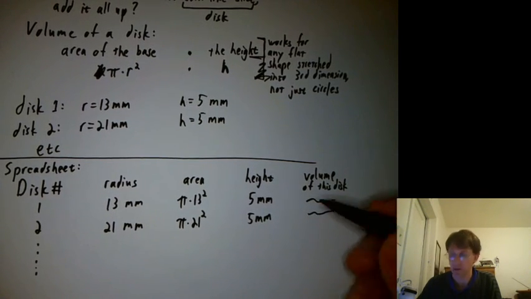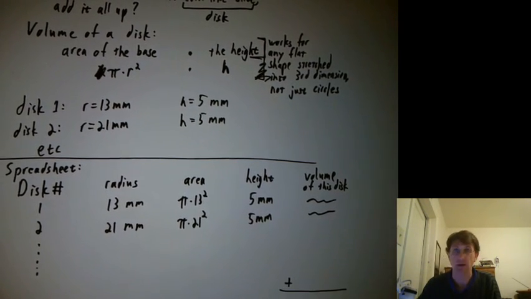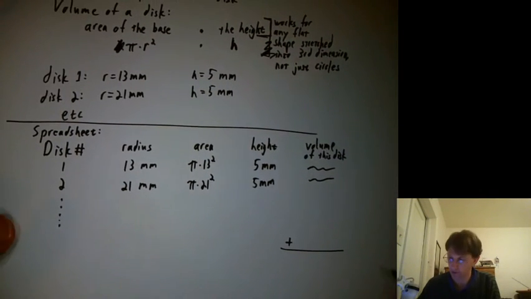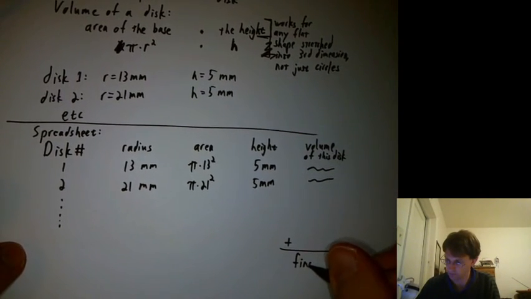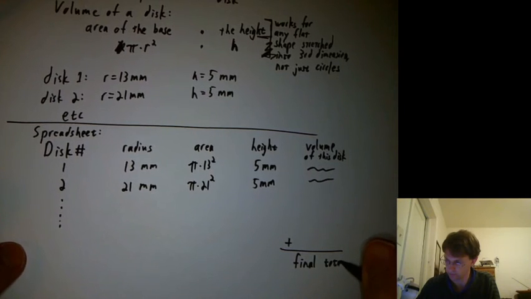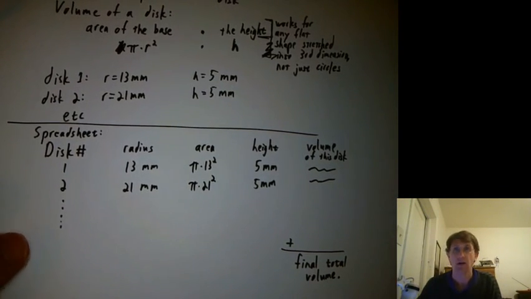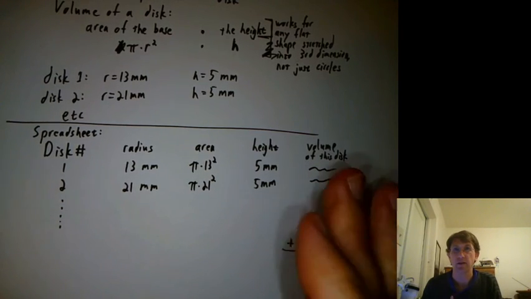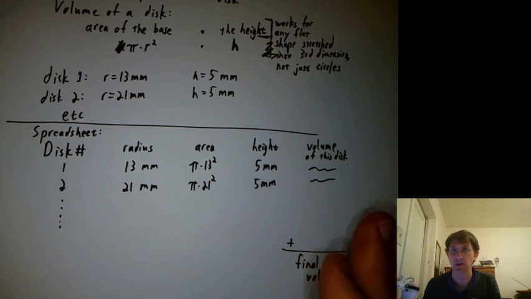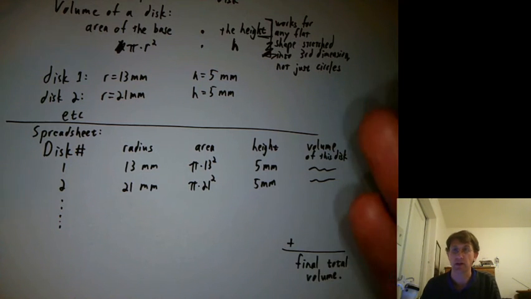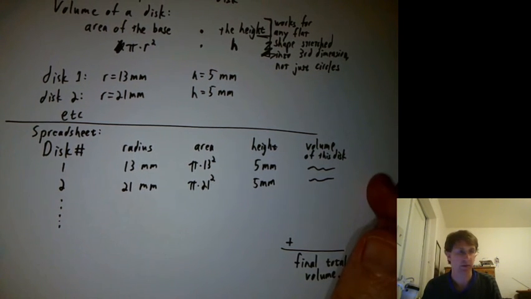And then once we've done all that, add it all up, and we'd get the final total volume. All right, so I'm not saying you should actually go and make this spreadsheet. I'm just saying conceptually you could think of organizing your calculations this way.